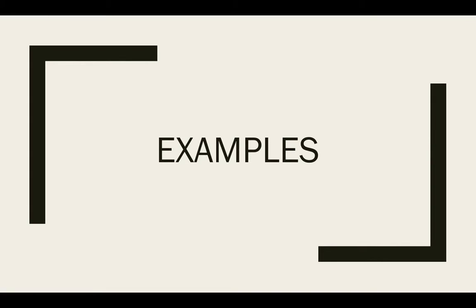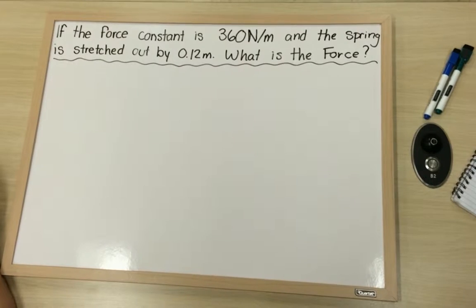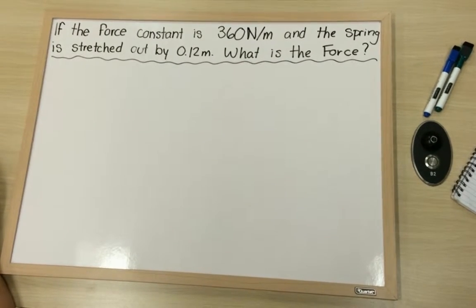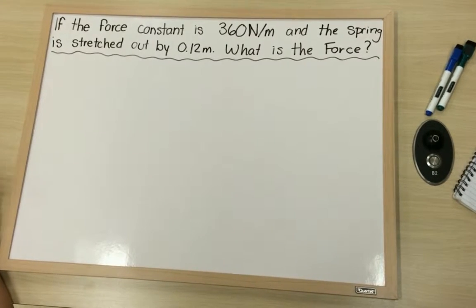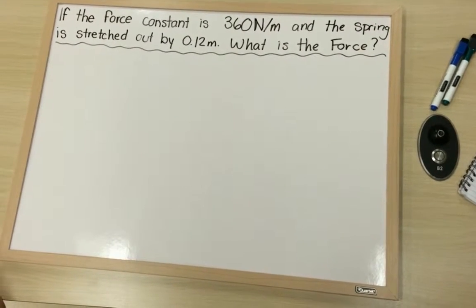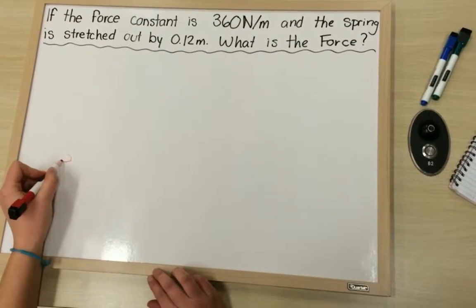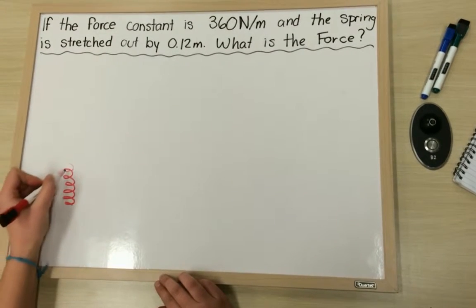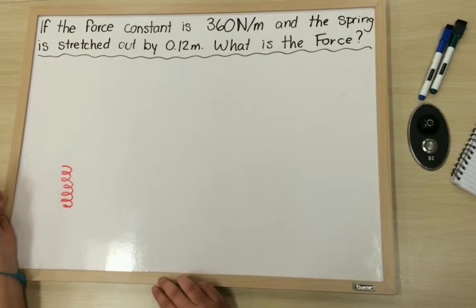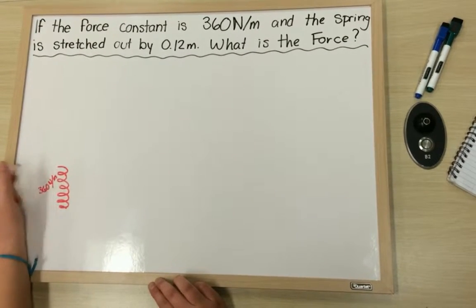Here are two examples of Hooke's law's formula. Example 1: if the force constant is 360 newtons per meter and the spring is stretched out by 0.12 meter, what is the force? I would suggest that first you do a diagram. So this would be a normal spring, which is 360 newtons per meter.